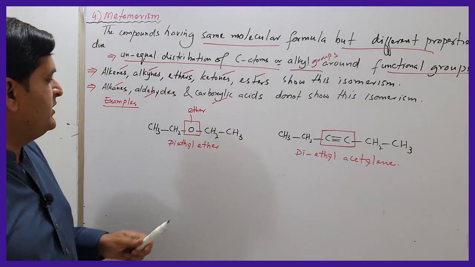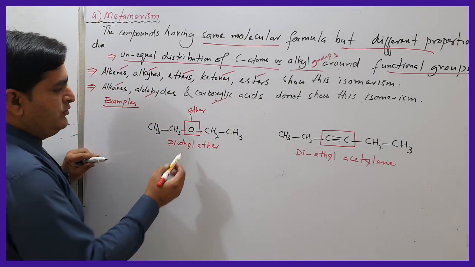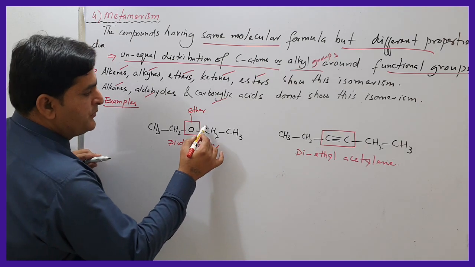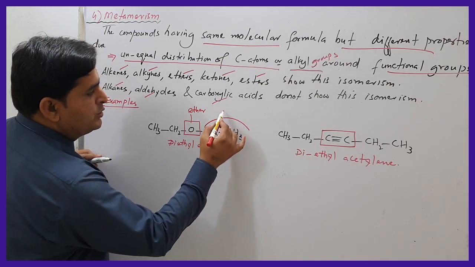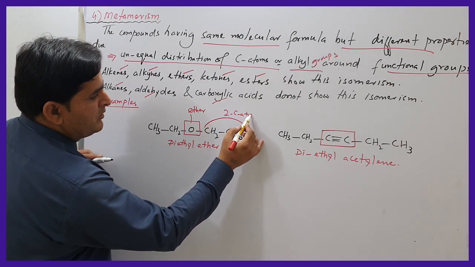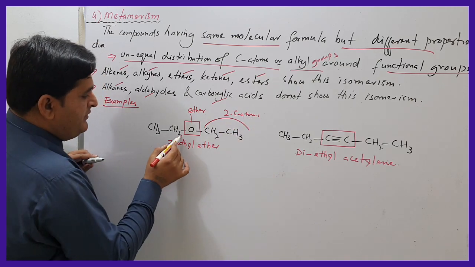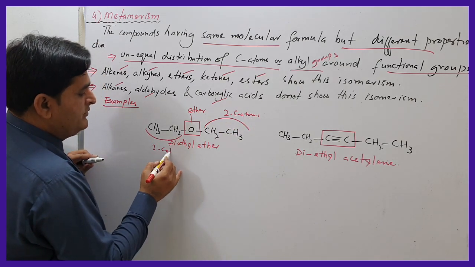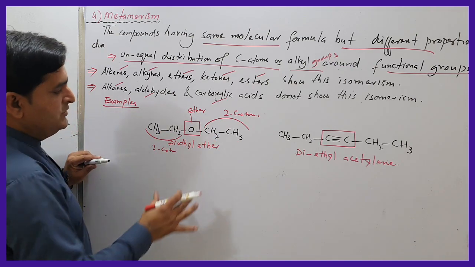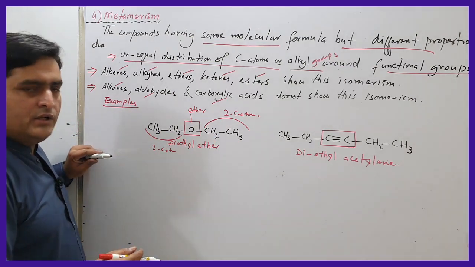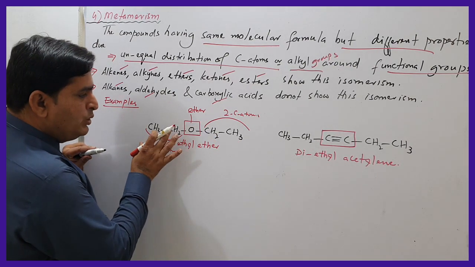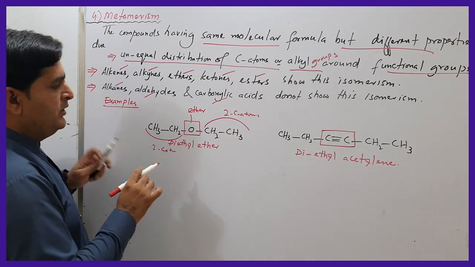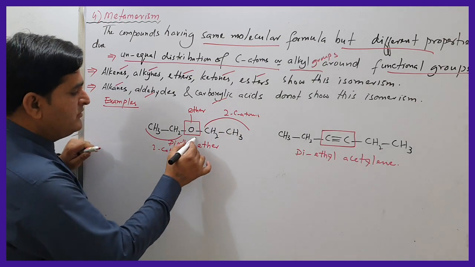So here we consider an example of diethyl ether. This is the functional group. To the right of the functional group there are 2 carbon atoms, and to the left there are 2 carbon atoms. So this is a symmetrical ether having 2 carbon atoms on both sides. Now how do we make its metamer?